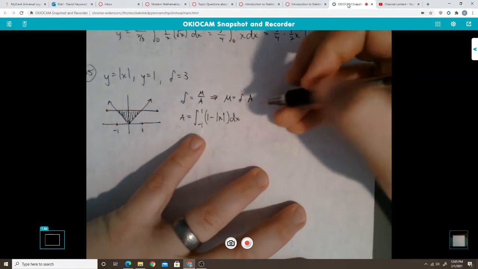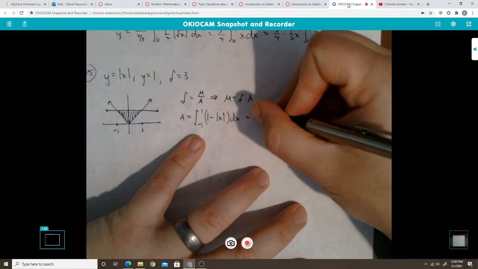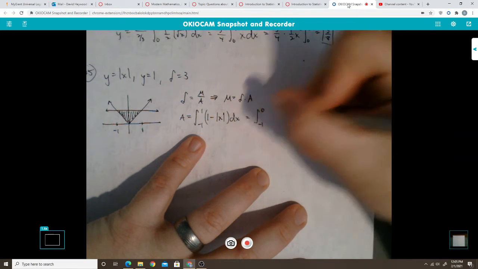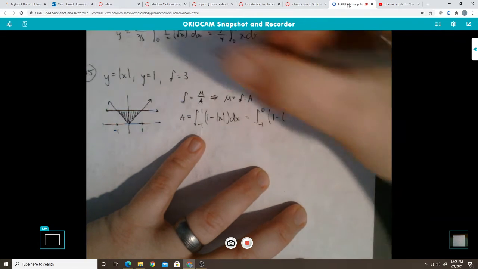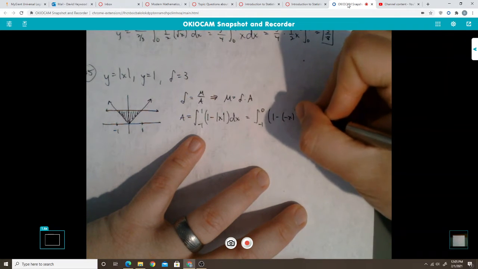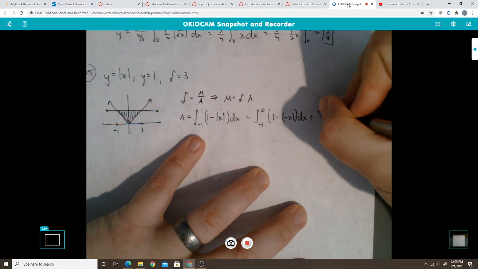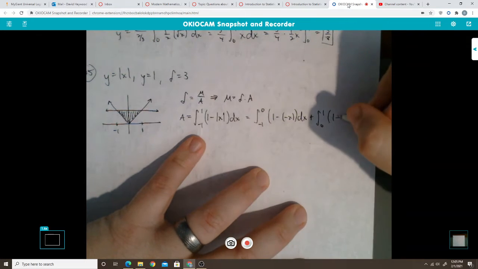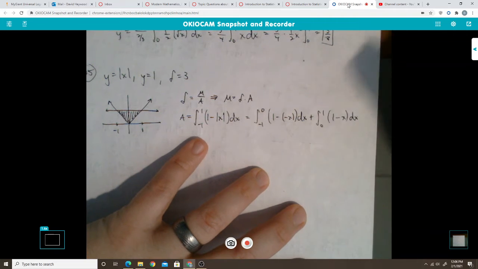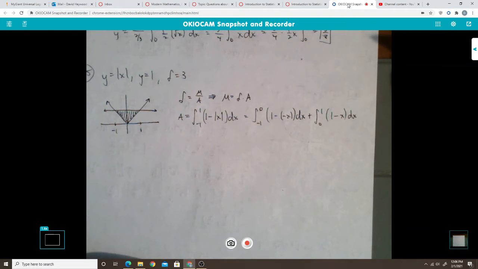So that means I'm going to split this integral at 0. From -1 to 0, I'm going to integrate 1 minus -x, and then from 0 to 1, I'm going to integrate 1 minus +x. And the rest is history.